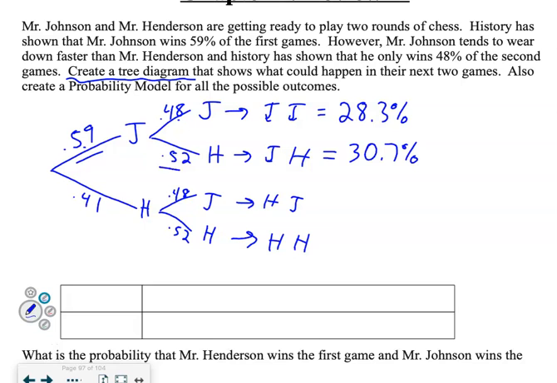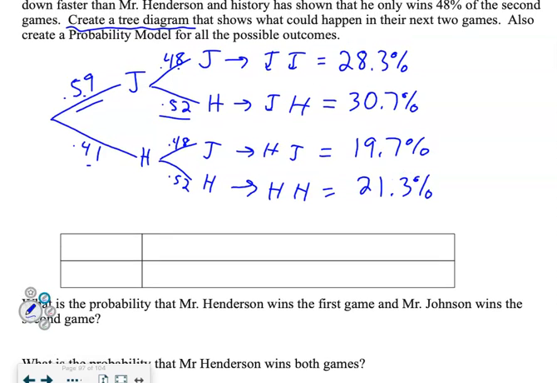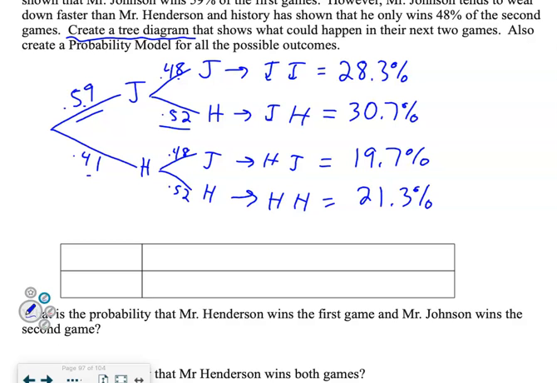I'm just multiplying 0.52 times 0.59. Third one, Mr. Henderson wins the first one and Mr. Johnson wins the second one, so 0.41 times 0.48. There's a 19.7% chance that that scenario plays out. And then Mr. Henderson and Mr. Henderson, there is a 21.3% chance.